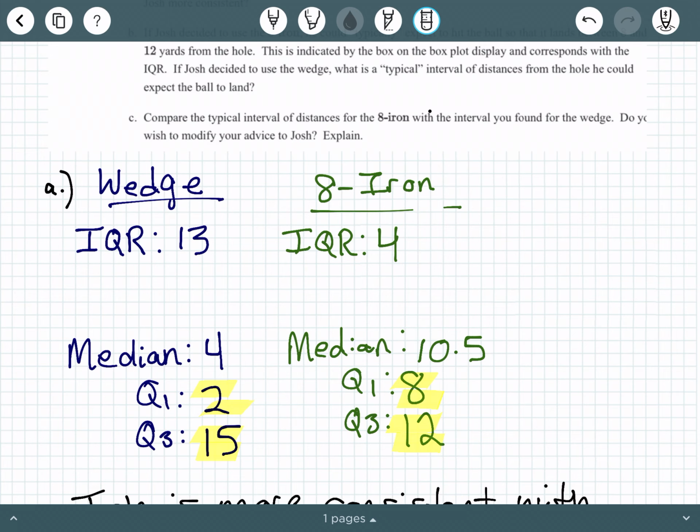Now, they want to know if Josh decided to use the wedge, what is a typical interval of distances from the hole he could expect the ball to land? Well, let's have a look here at our first quartile, third quartile. So that's a range. Now the median is actually, we could say, the second quartile. So the median is in between the first and the third.